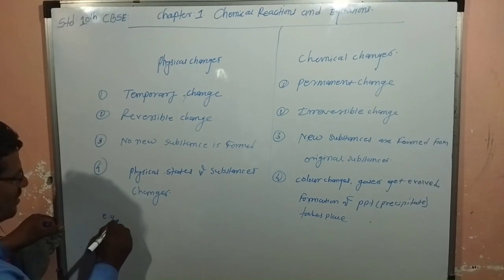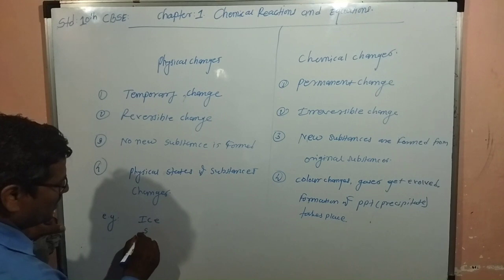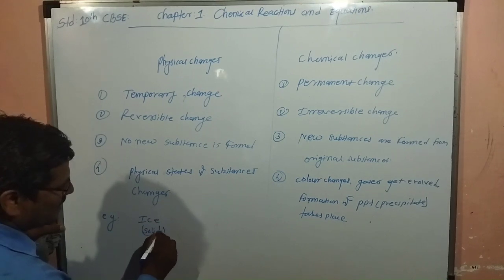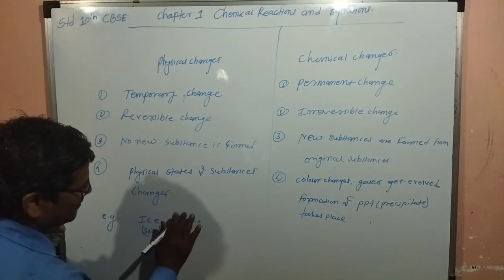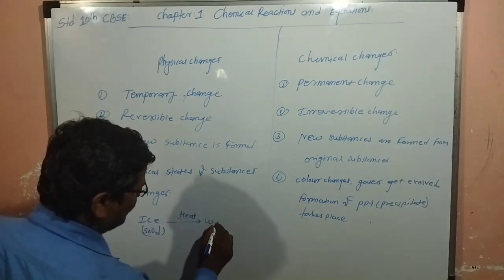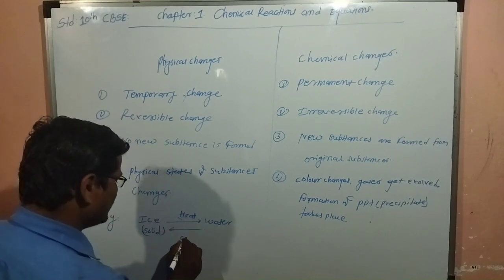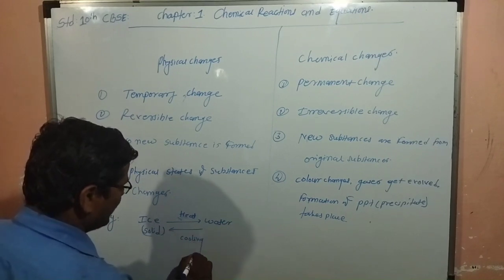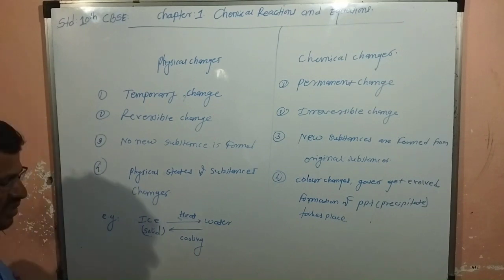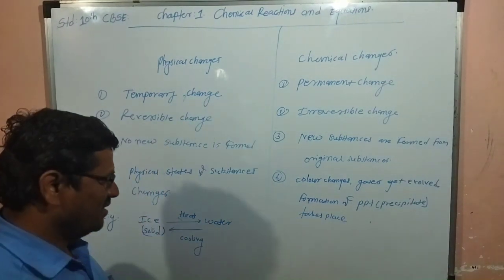Here is an example: ice, which is in a solid state, after heating gets converted into water, and water on cooling gets converted into ice. In this way, it is a reversible change.